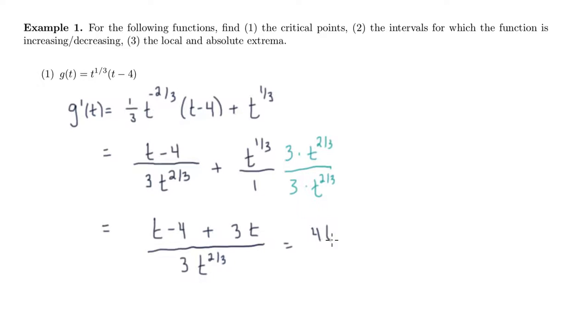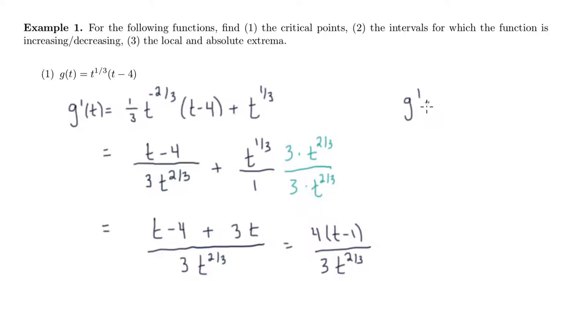So 4 times t minus 1 over 3 times t to the 2/3. Excellent. And so I have a clear numerator, a clear denominator. I can see when the numerator is 0, so when the whole derivative will be 0, and I can see when the denominator is equal to 0. So that would be the case where the derivative is undefined.